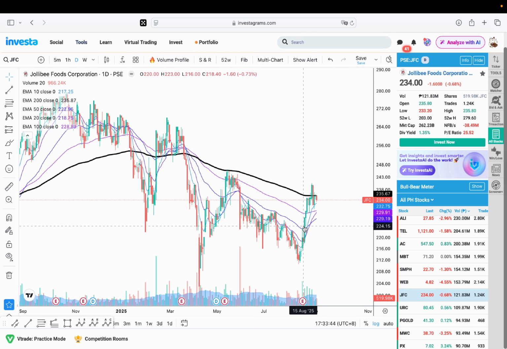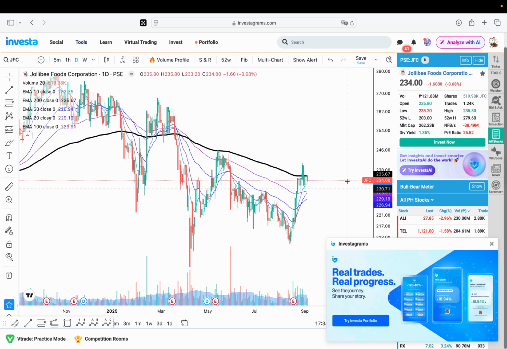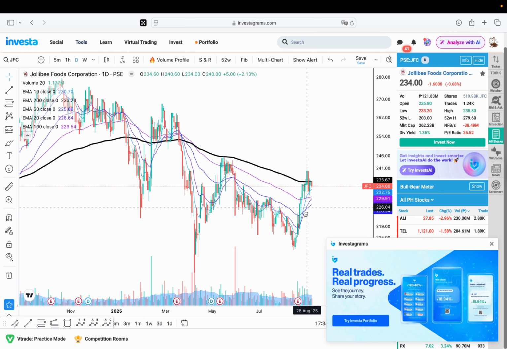Jollibee, still trading below. Okay, so one thing that I forgot to mention is that you need to make sure that the price is trading above the 200-day EMA. But when we look at Jollibee, for example, it is trading above some short-term EMAs, but it's still below the 200-day EMA, which is why during this day, we can see that a lot of people were still selling the stock, right?